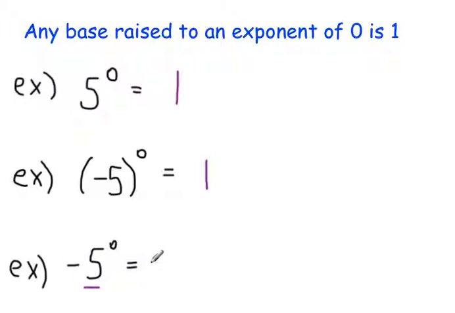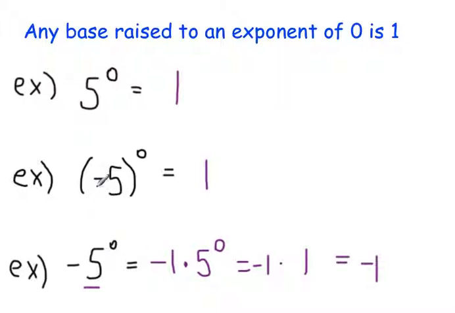We can write this as negative 1 times 5 raised to the 0 power. 5 to the 0 power we know is 1, and 1 times negative 1 is negative 1.